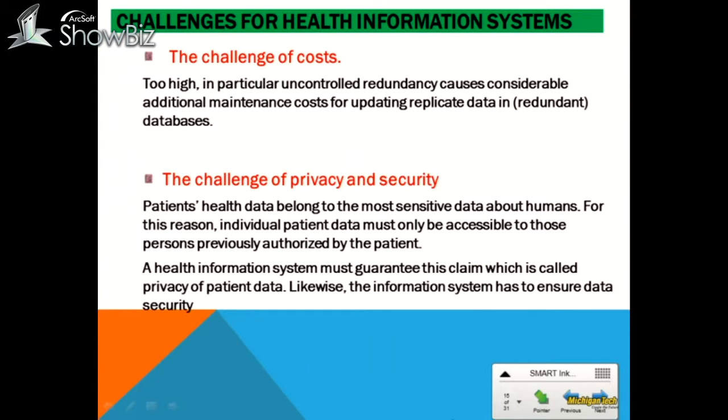Especially for some special diseases, if another party knows this, it will cause bad things for the patients. So that is the big trouble. This kind of challenge blocks the adoption of health information systems.